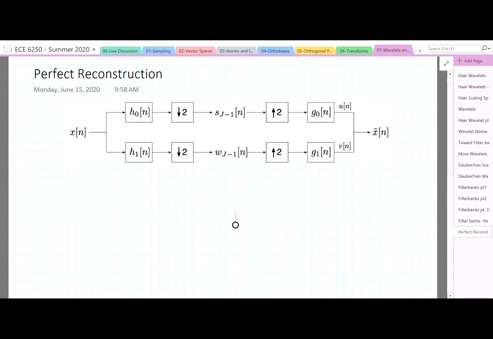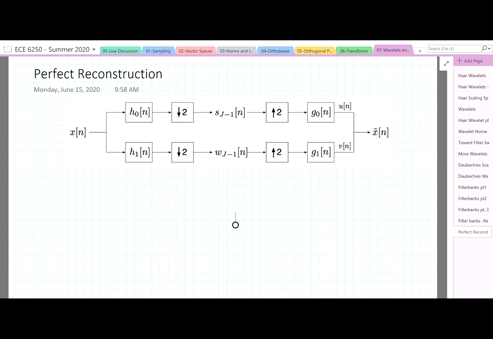Okay, so we showed how we could start with a signal at a fine scale, break it up into a sequence of signals at increasingly coarser scales in both the wavelet and the scaling domains, and represent those as just the wavelet coefficients and scaling coefficients.